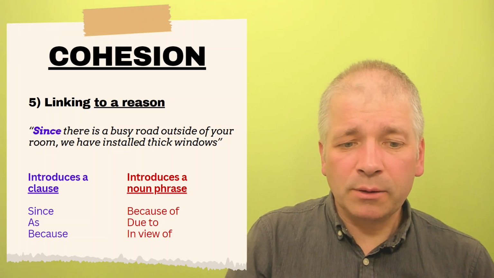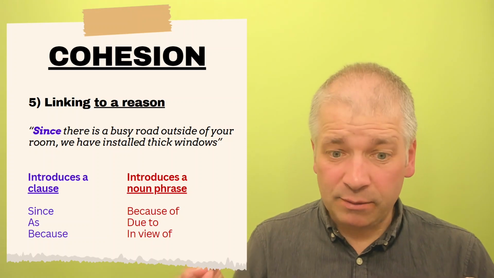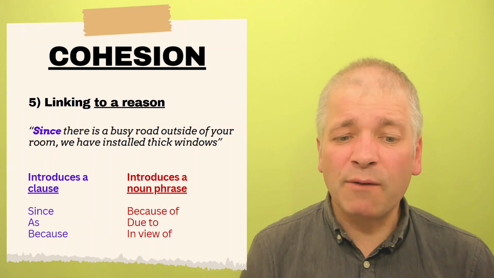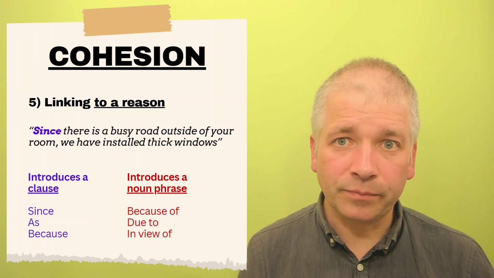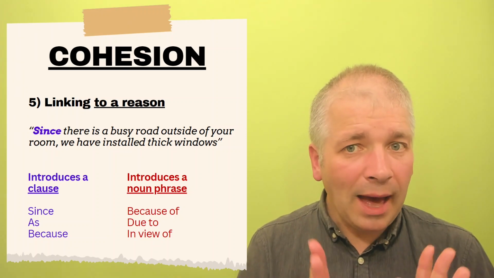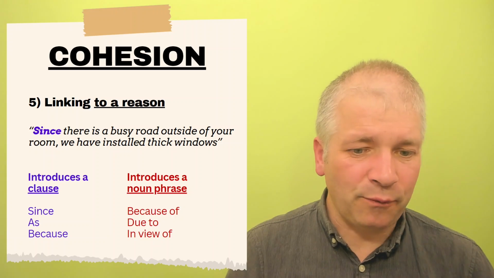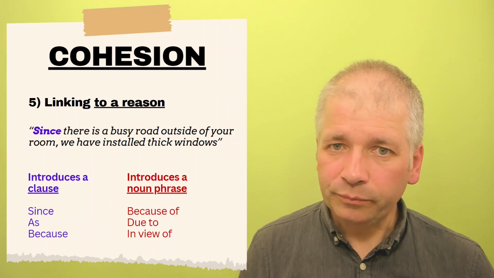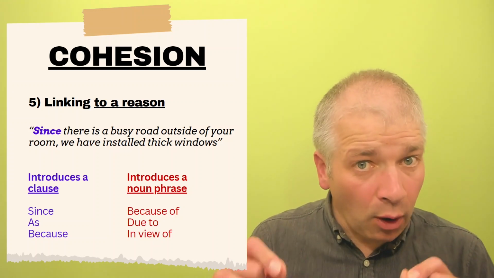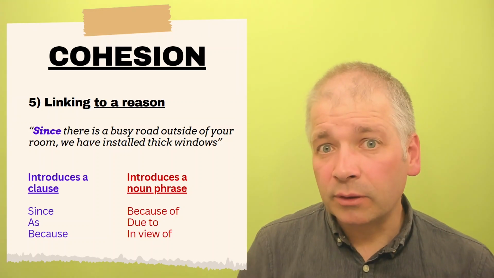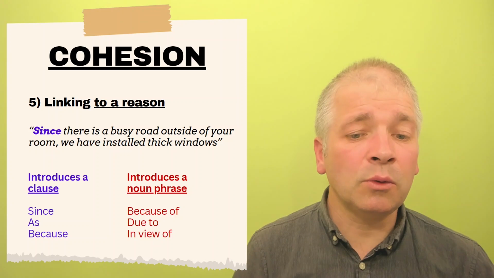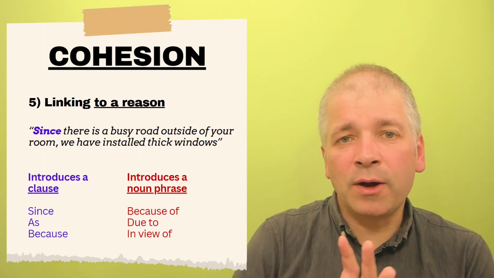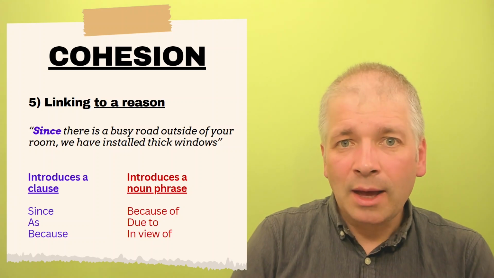So the reason, there is a busy road outside of your room, followed by the result, we have installed thick windows. But we also have linkers that go with noun phrases: because of, due to, or in view of. We could have said, because of the busy road, we have installed thick windows. So noun phrase followed by the result clause.